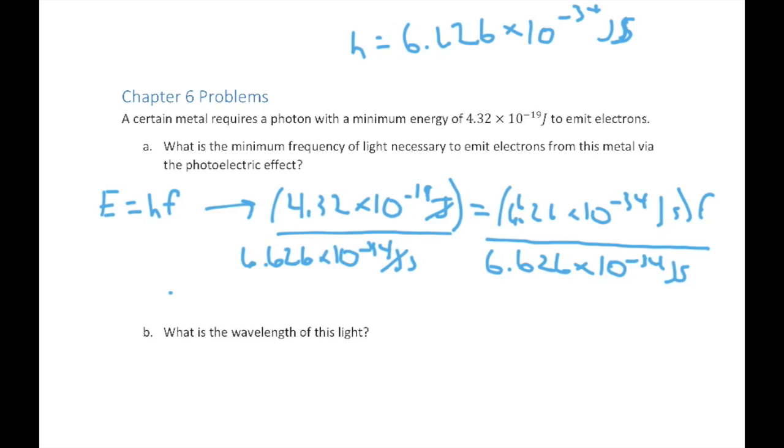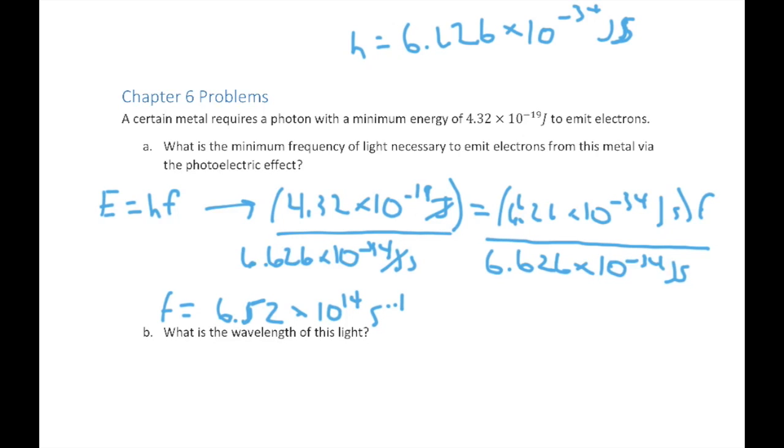So we're left with frequency equals, we do that on our calculator, 4.32 times 10 to the negative 19th divided by 6.626 times 10 to the negative 34th, and we get a frequency of 6.52 times 10 to the 14th inverse seconds.